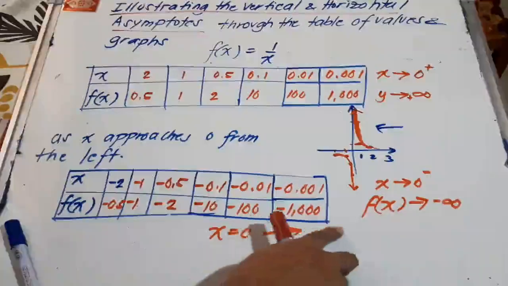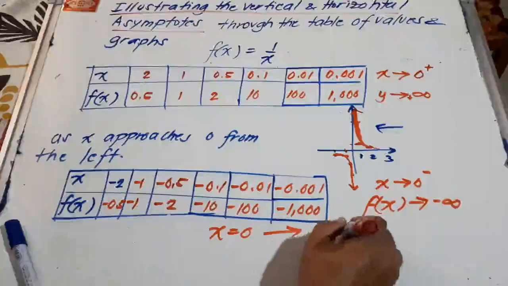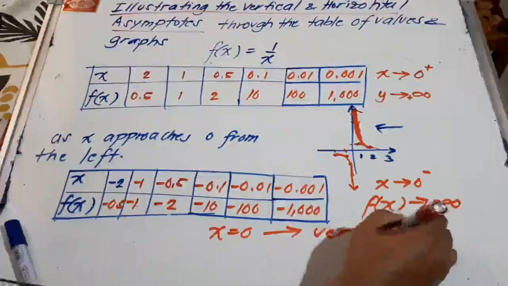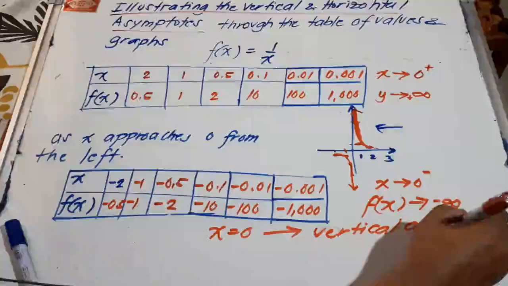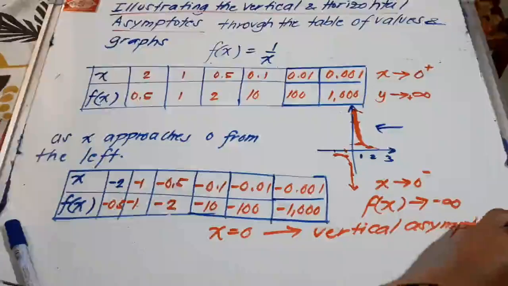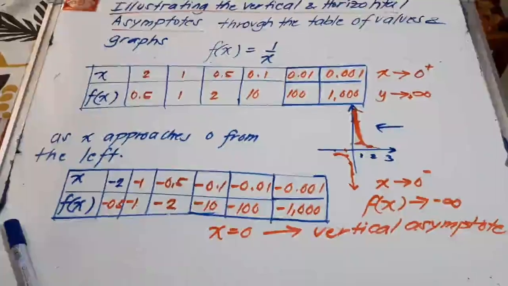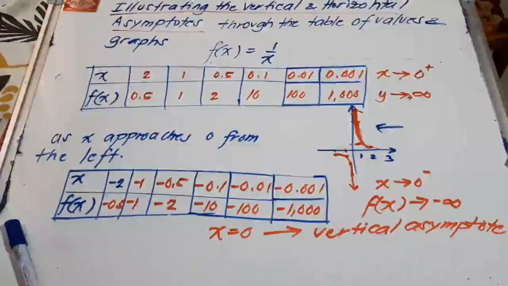Okay? Yan yung ating tinatawag na vertical asymptote. So yung restriction na yon ni x sa denominator niya is actually the vertical asymptote of the rational function.